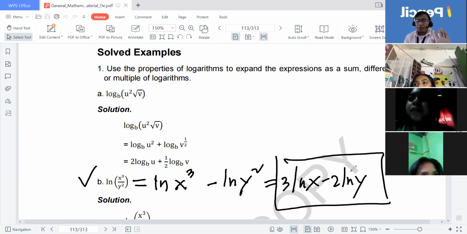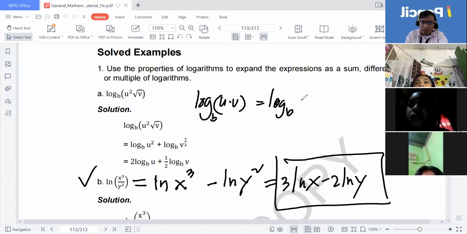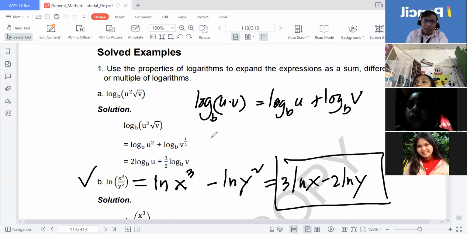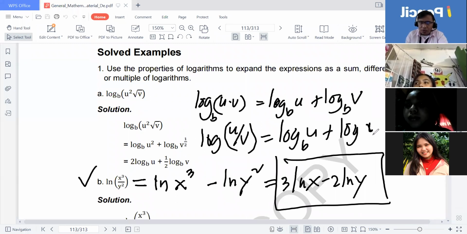Okay? Bear in mind that the laws of logarithm will work for u times v. It will be equal to log of u base b plus log of v base b, and log of u over v equals log of u base b minus log of v base b. This is the common mistake of the students. Let me clarify this one. These two will work for the laws of logarithm. But there are some students who assume that the converse is correct.